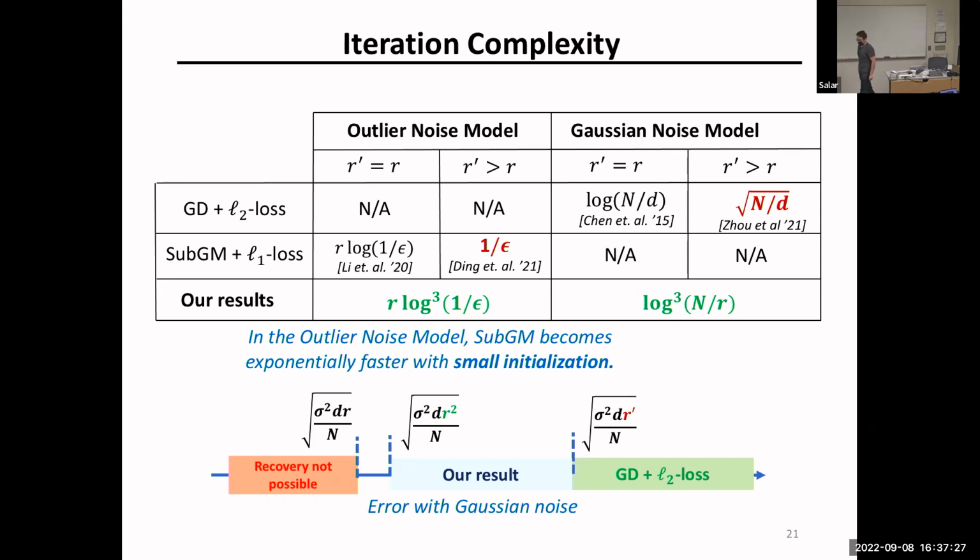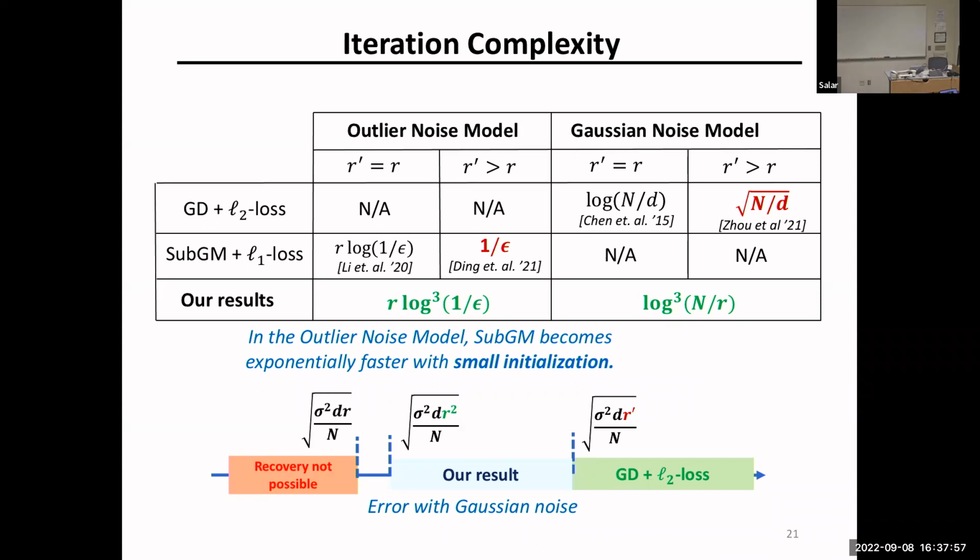The small initialization is the key, because maybe if I explain the proof, I'm going to give you a very high level idea behind the proof, and I'm going to explain why small initialization turns out to be the key idea in our ability to recover the true solution. But yes, you cannot replace alpha with the norm of, say, the true solution, if that's the question. Yeah, I think so.